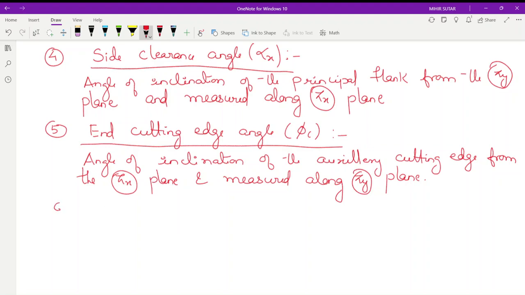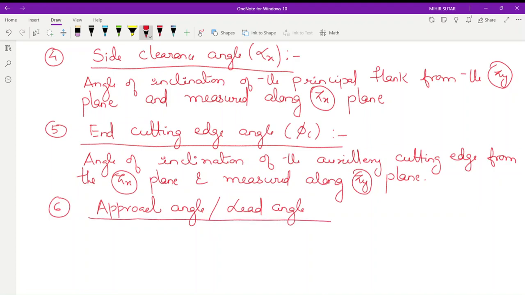Next, sixth one is your approach angle or the lead angle. Lead angle, that is your phi s.